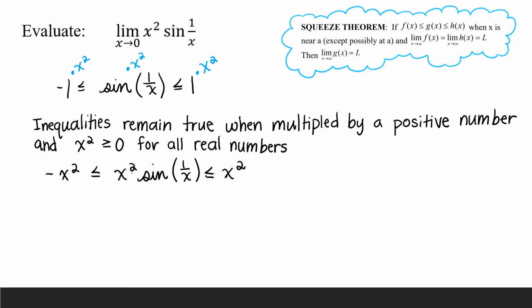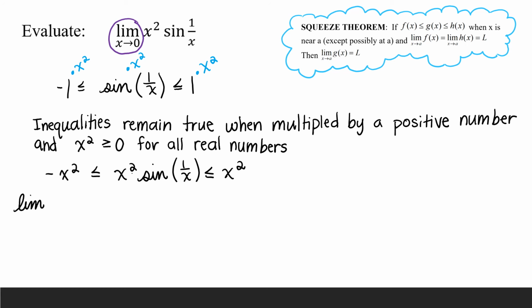We have the first part of Squeeze theorem. Now we just have to find the second part of the Squeeze theorem. Let's see. We want to find the limit as x approaches 0 of x squared times sine of 1 over x. So let's take the limit of each part of this inequality.